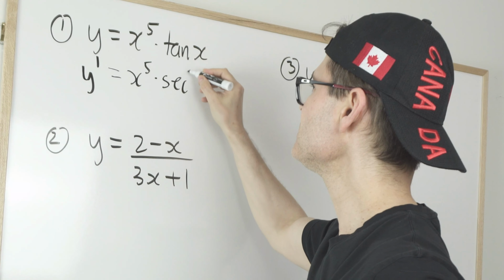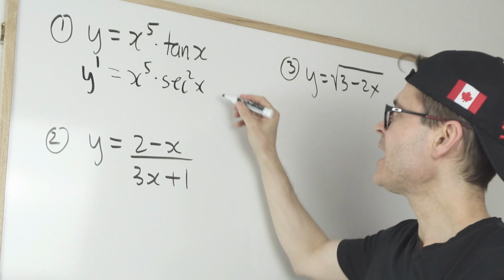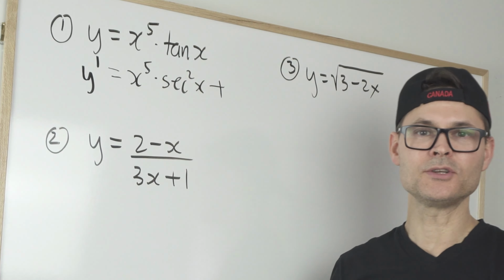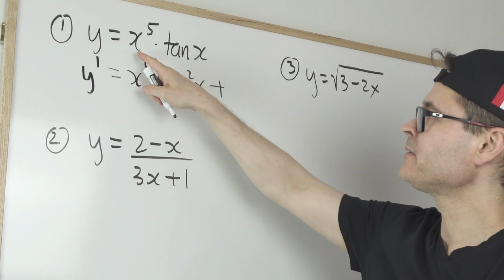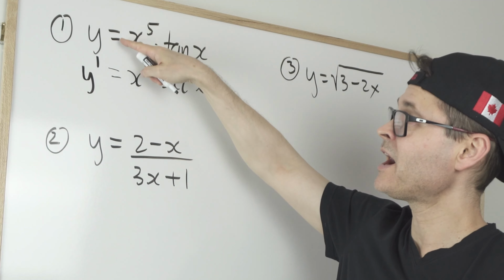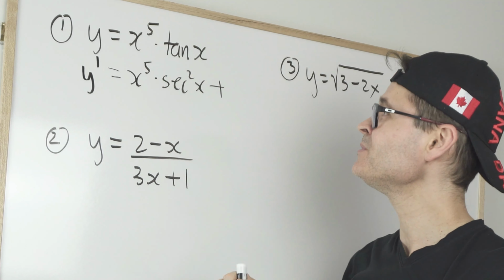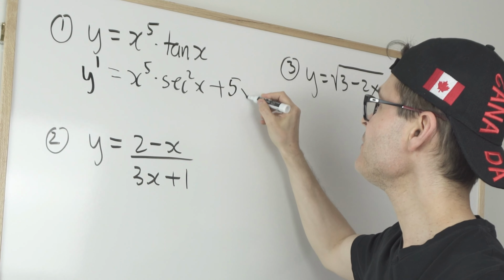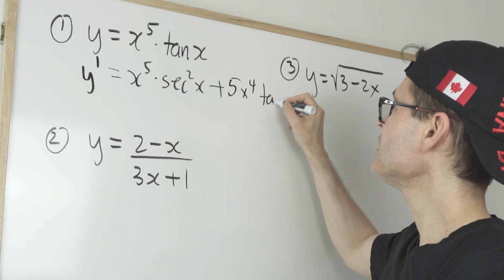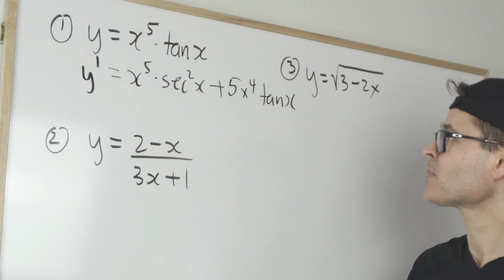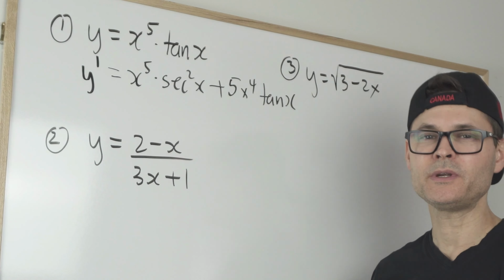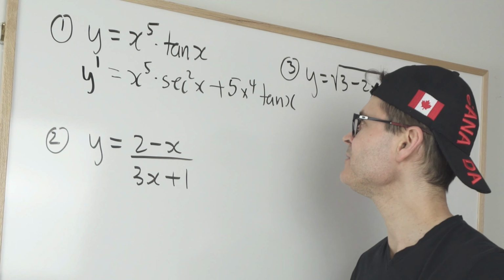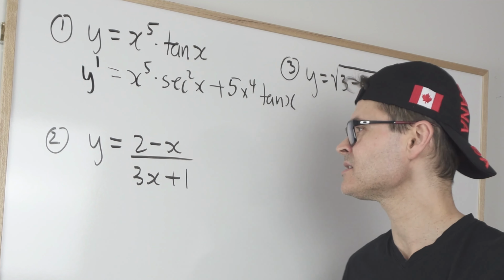So secant squared x plus the second times the derivative of the first. So the derivative of the first is going to be, you take the 5 down front and you subtract 1 from the exponent. So 5x to the 4 tan x. Right on. Look for opportunities to simplify, but I think this is probably good for our purposes today.